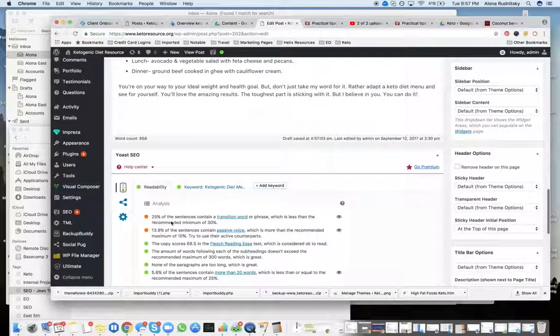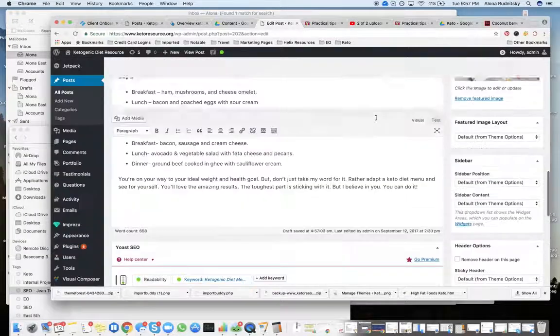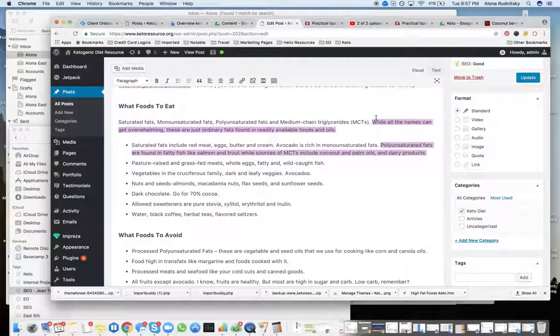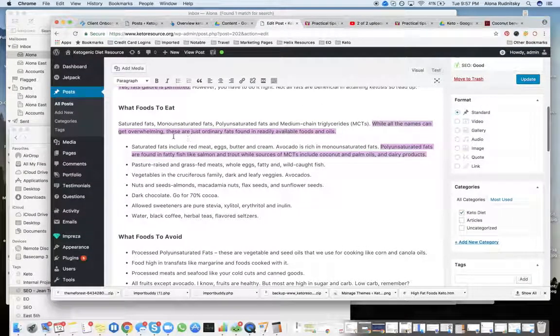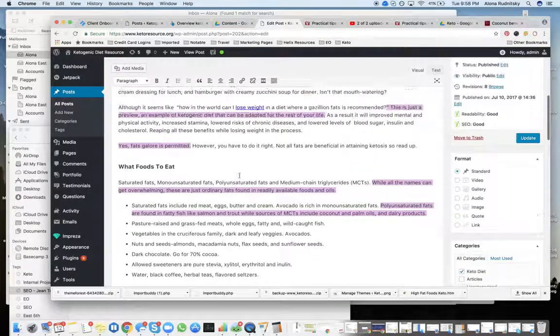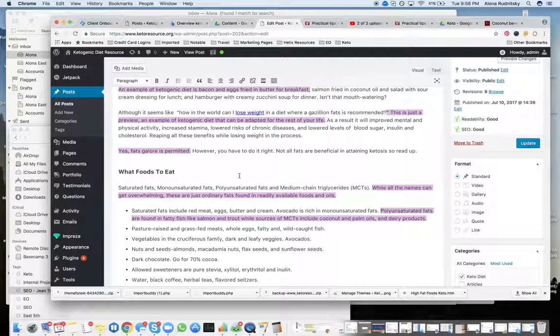So we increased that and reduced that. The reason for it is we used the word while, and then we did a transition. So while was a transition, and then we removed passive as well.